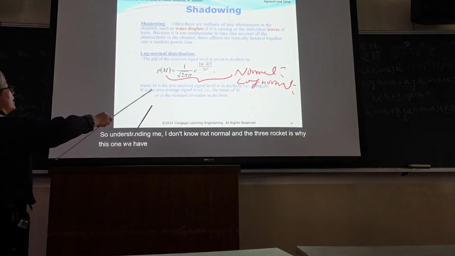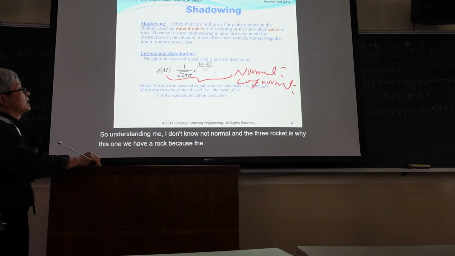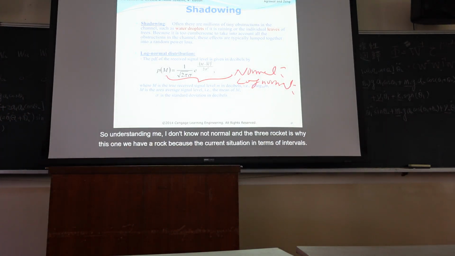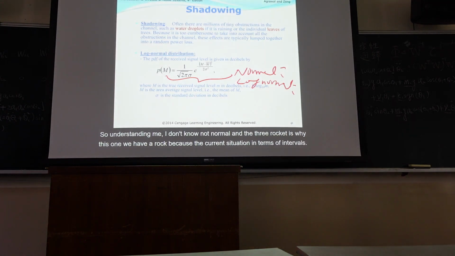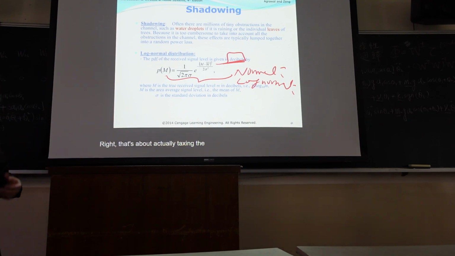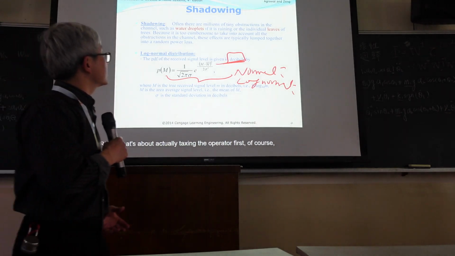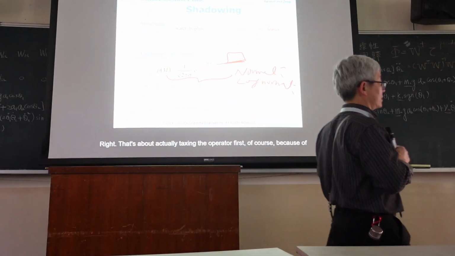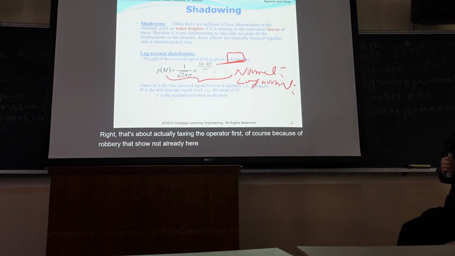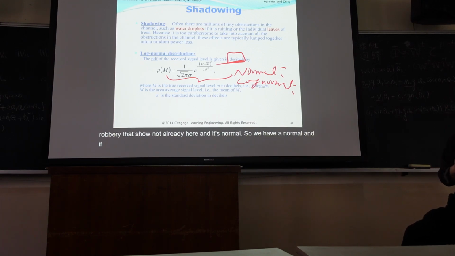And why do we have log here? Because the current distribution is in terms of decibels. Decibels actually come from taking the logarithm first. Of course, because of the logarithm, log is already here, and normal, so we have a normal. Where do we have the log normal distribution?